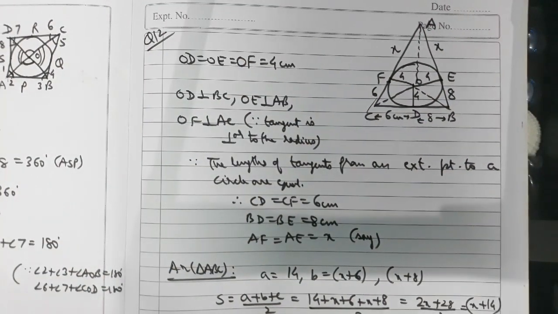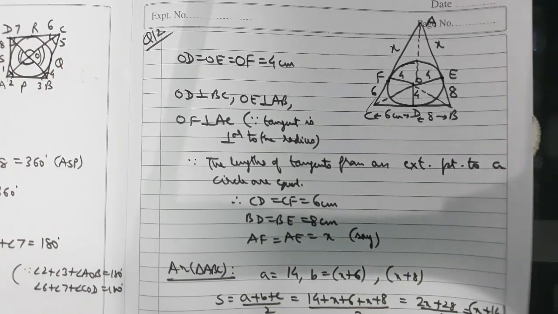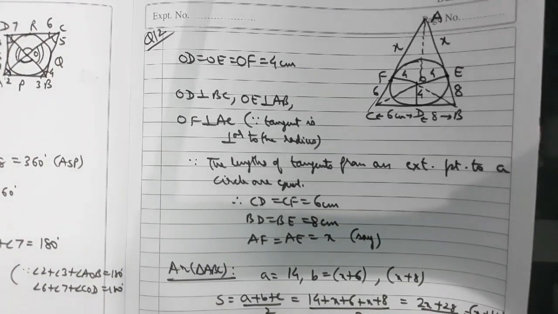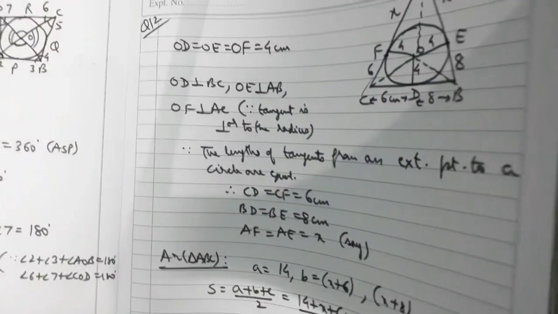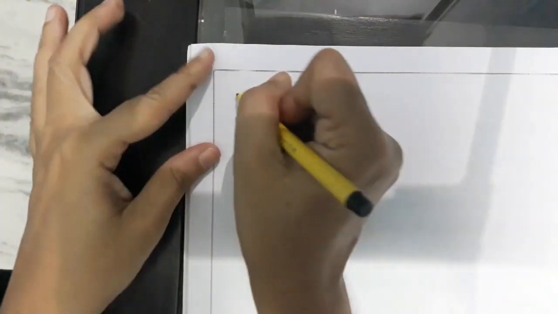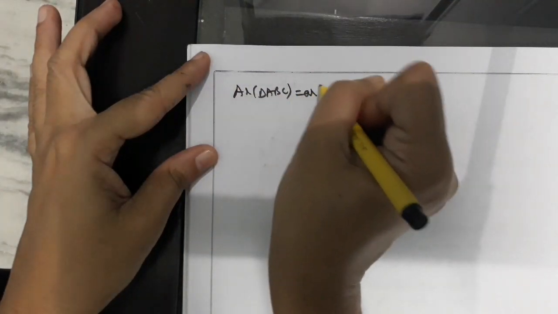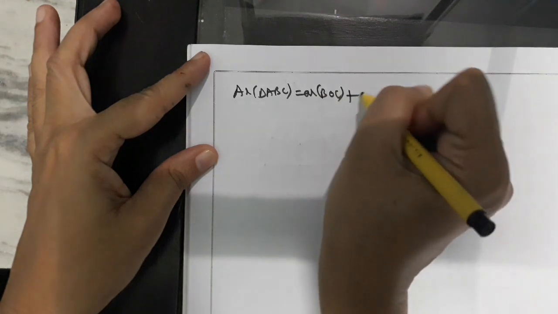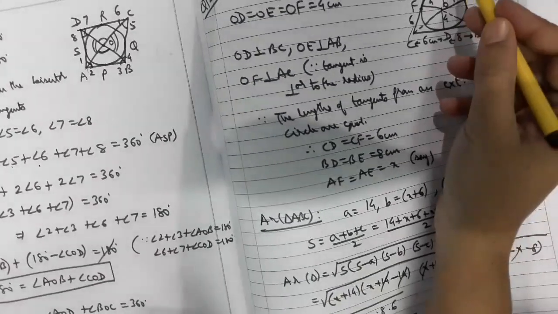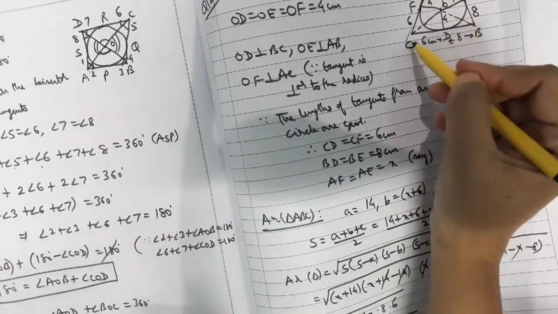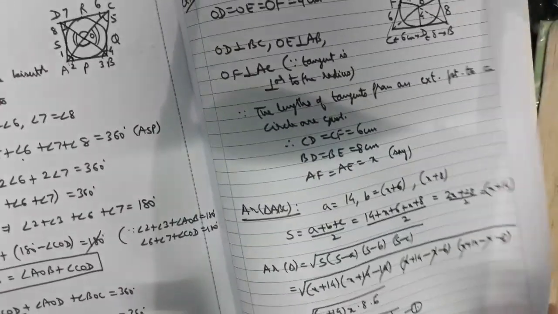So over here we write down that the area of triangle ABC is equal to the area of triangle BOC plus the area of triangle AOB plus the area of triangle AOC.